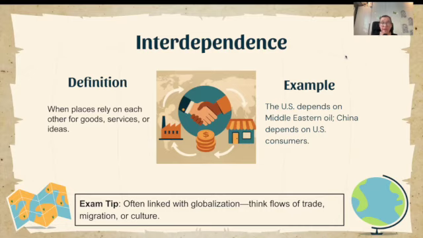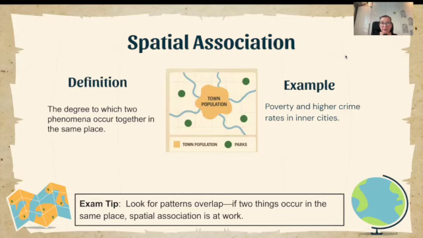Here's an exam tip. It's often linked with globalization. Think flows of trade, migration, and culture. Spatial association. The definition is the degree to which two phenomena occur together in the same place. For example, poverty and higher crime rates in inner cities. So the exam tip is to look for patterns that overlap. If two things occur in the same place, spatial association is at work.